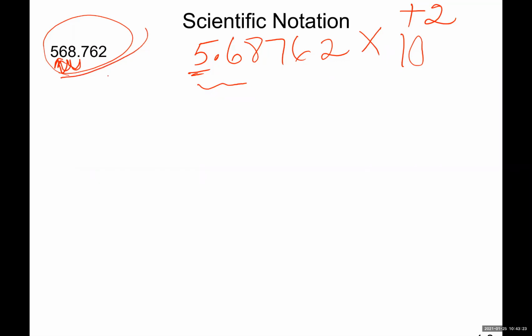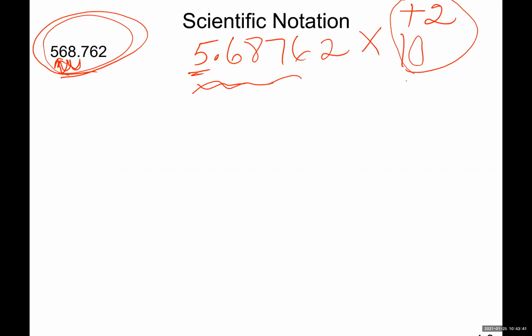Do you see the standard number has been reduced from 568 to 5.68? So I must have a coefficient which is larger than 1. 10 to the power of 2 is 100, it's larger than 1.